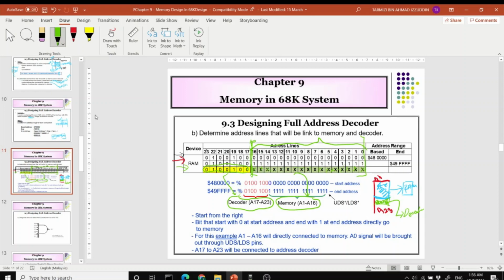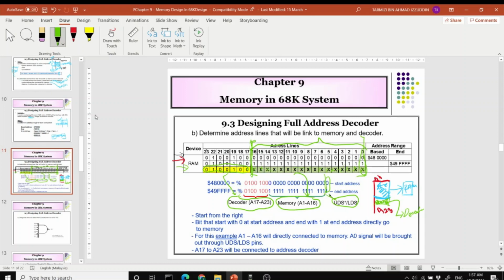So this is just an explanation. Start from the right again. Bits that start with 0 and end with 1 go directly to memory, meaning that bits that change go directly to memory. So in this example, A0 to A16 go to your memory, but again, remember I mentioned just now, A0 is connected to UDS and LDS.